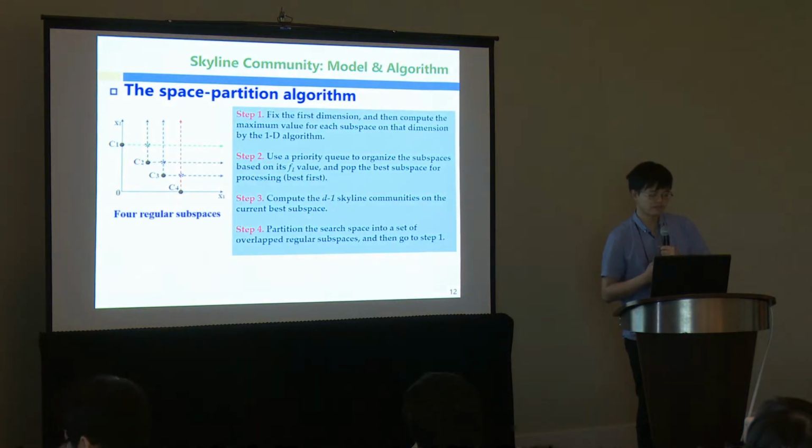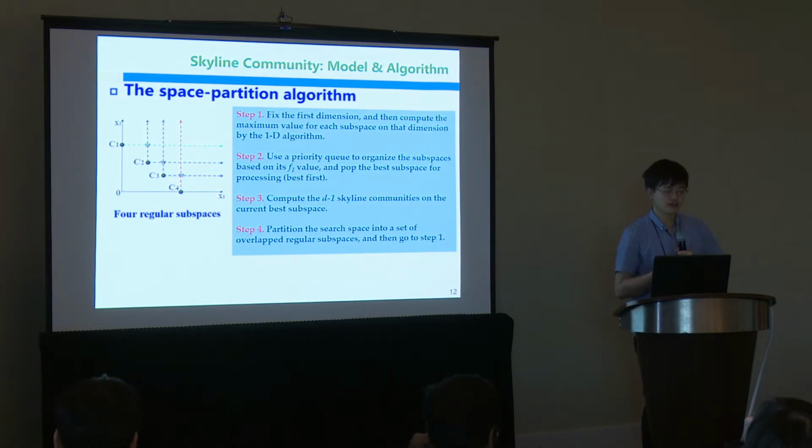This algorithm has 4 steps. It also first fixes one dimension, just like the basic one. If we fix one dimension, we can compute the maximal value for this dimension, and then we get a D-1 dimension problem. To solve the D-1 problem, we create a priority queue to organize the D-1 subspaces based on the F1 value.